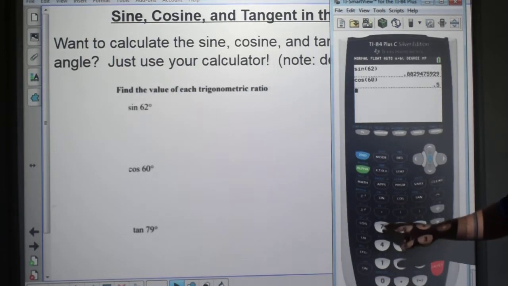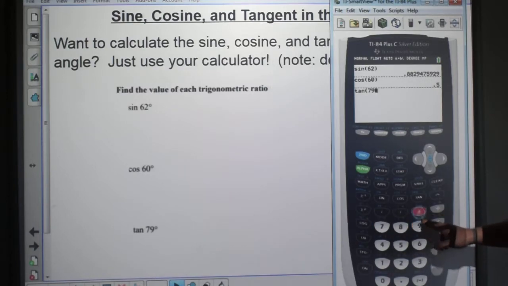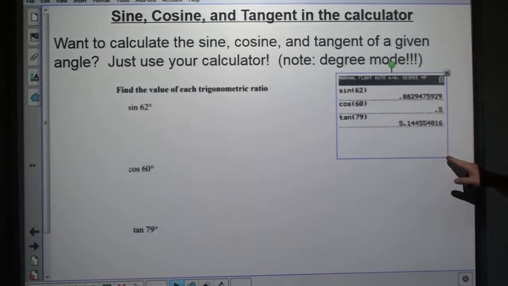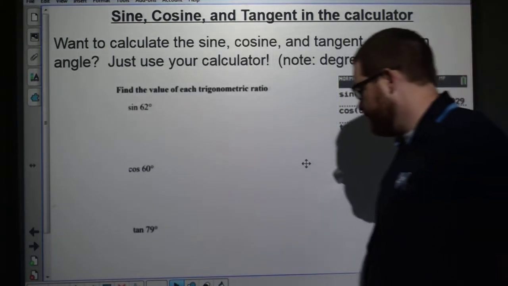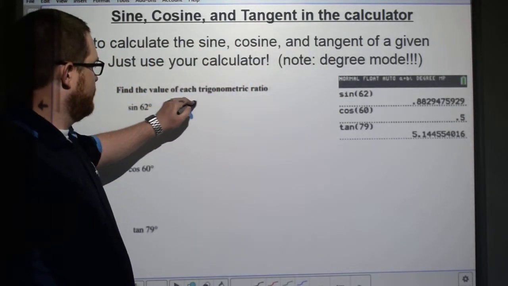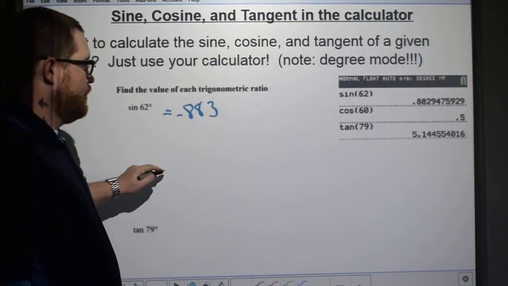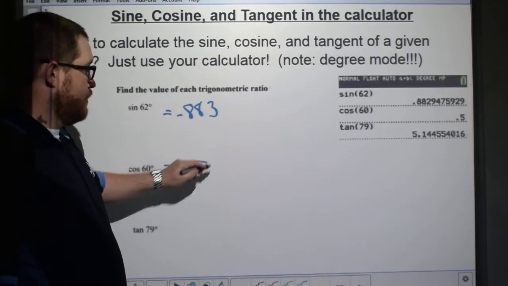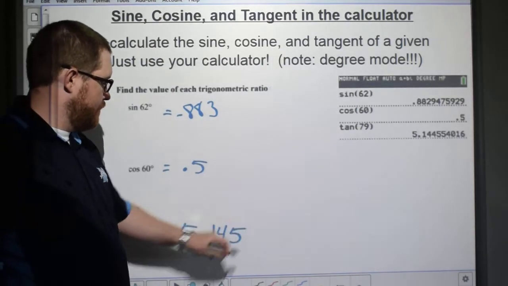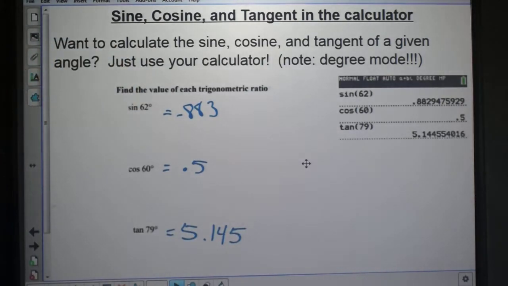Or the tangent of 79. I can always just use my calculator to find them as long as I'm in degree mode. We're generally going to round to 3 decimal places. Okay, so the calculator will do this math for you.